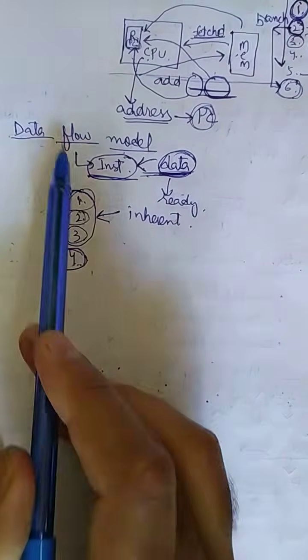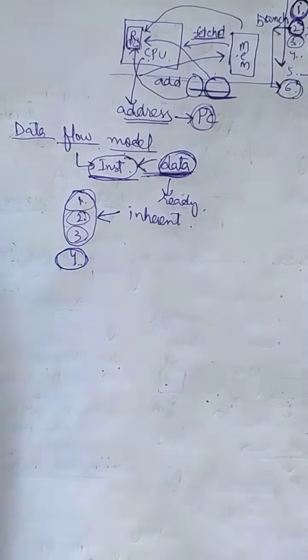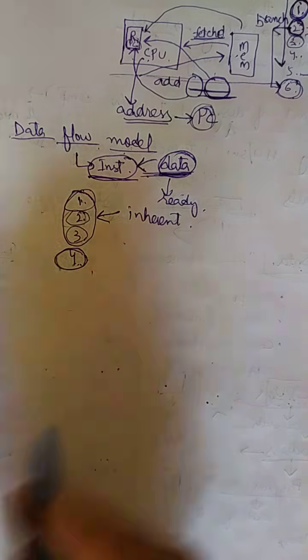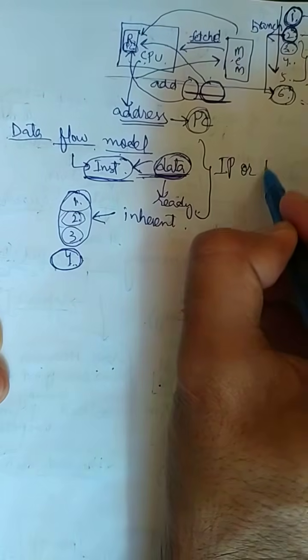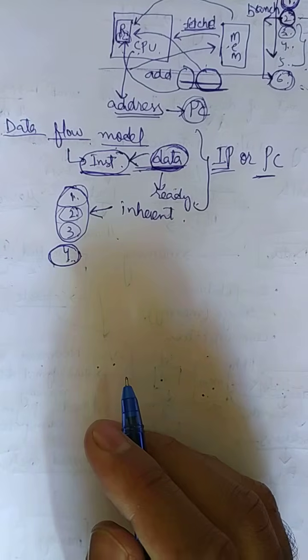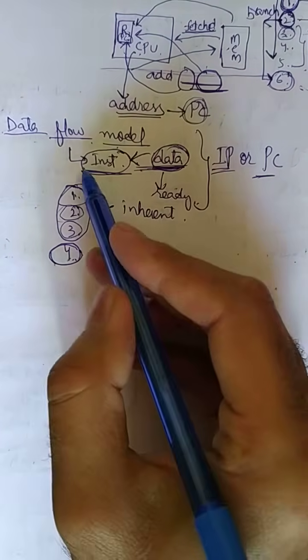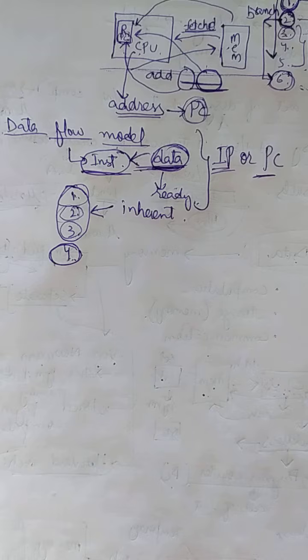And in data flow model, those instructions are executed whose operands or whose data is ready. And there is no need of an instruction pointer or program counter. Instruction pointer and program counter is the same. So as I said, in data flow model, multiple instructions can execute at the same time. So it is inherently more parallel.